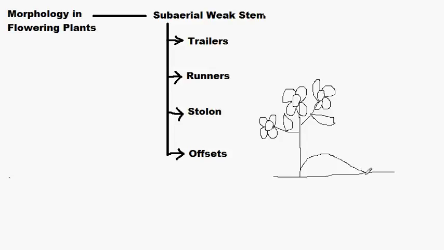When it touches the ground, it will produce adventitious roots, and it will also again produce another plant. It will produce another plant. Now, so it helps the plant to spread around in the ground. This structure is called the stolon. Alright, this structure is called the stolon.